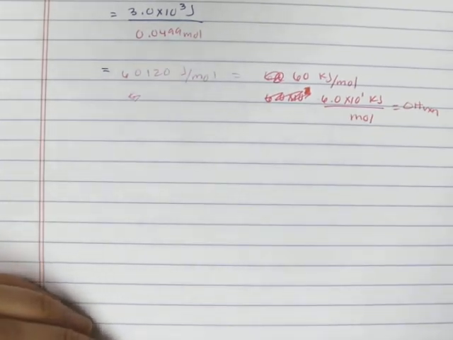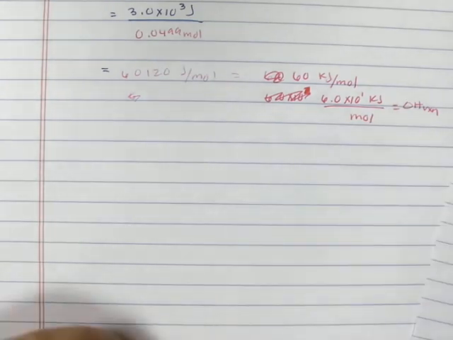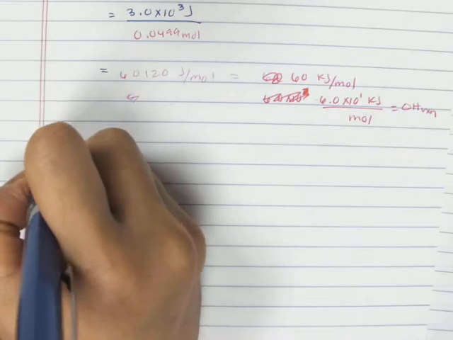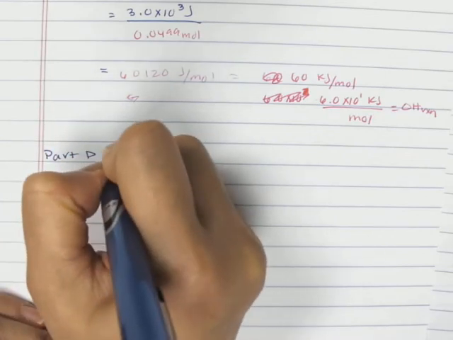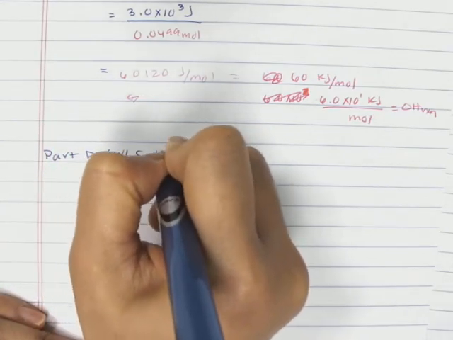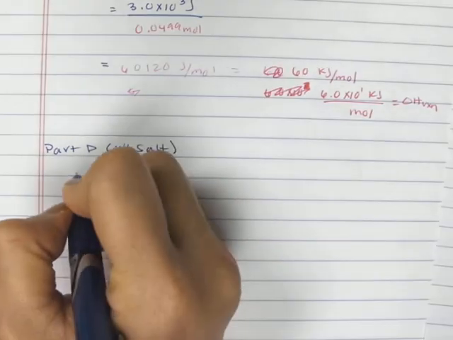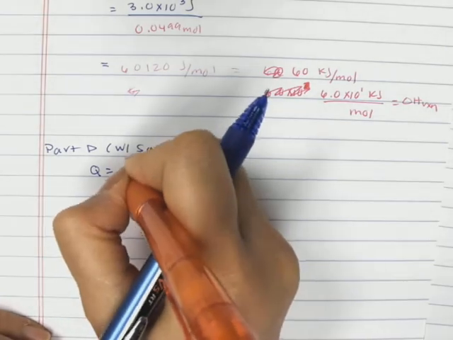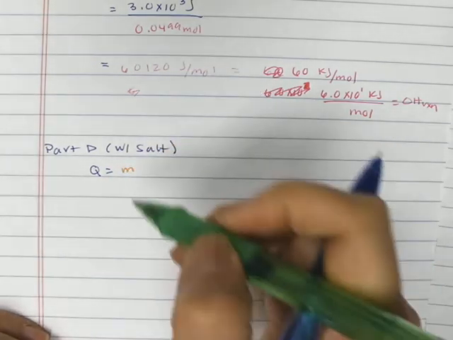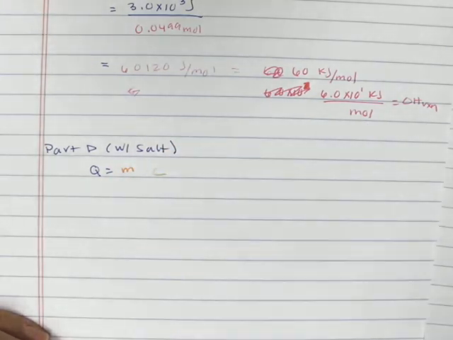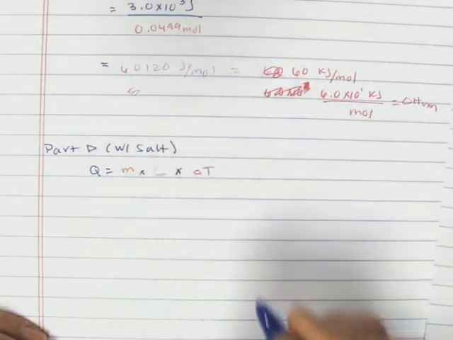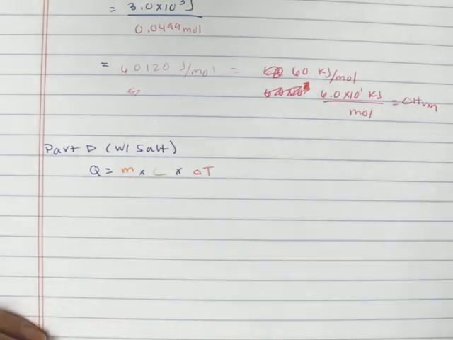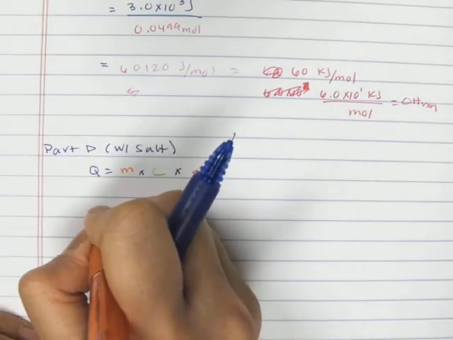Okay, so for part D, it's a similar process. This is with the salt. We have to calculate Q again. For m, you use the mass of the salt plus mass of water.